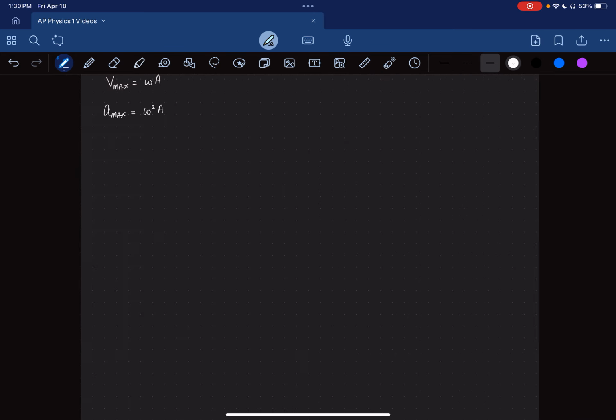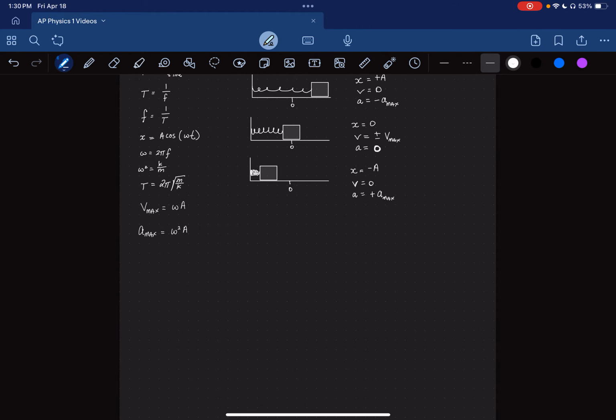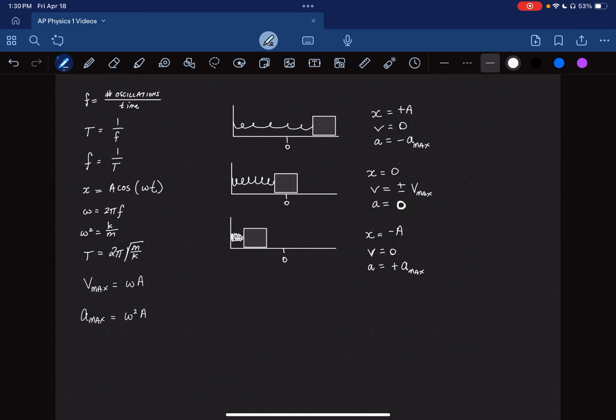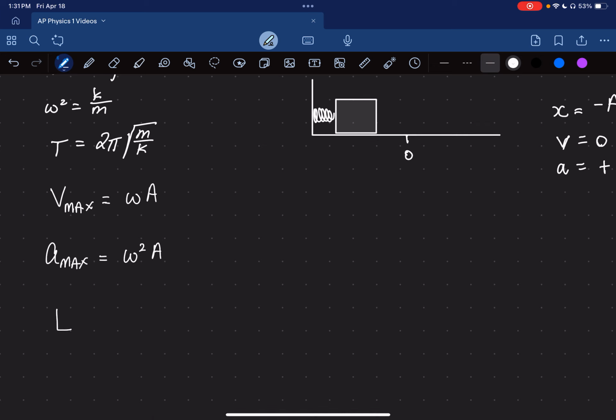And what else? Yeah, we have two more. Okay, sorry, three more. The energy of the spring mass system. We're going to write it down over here.